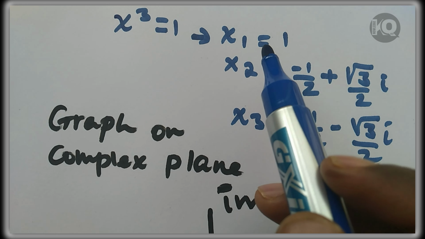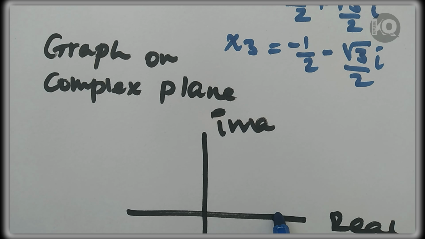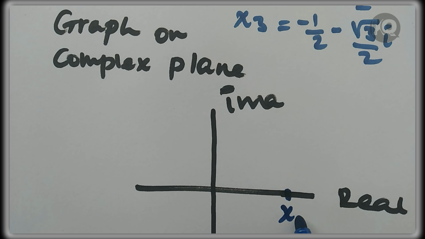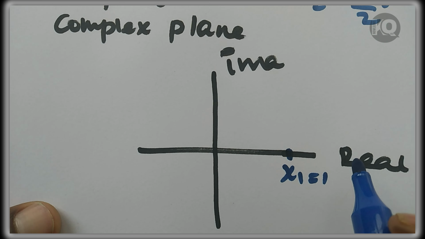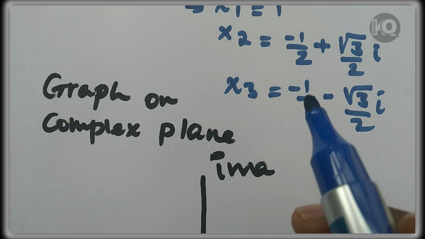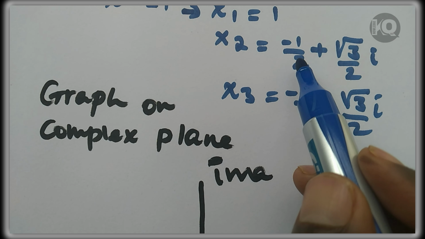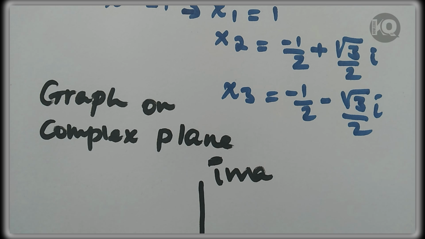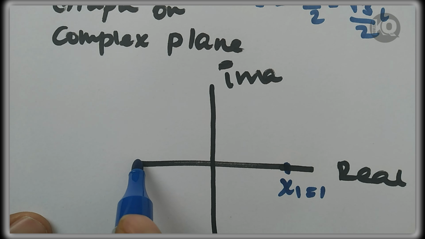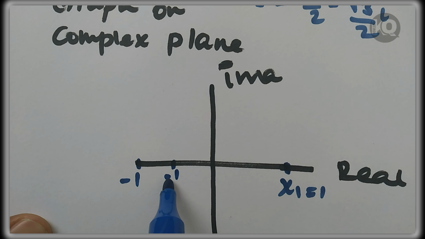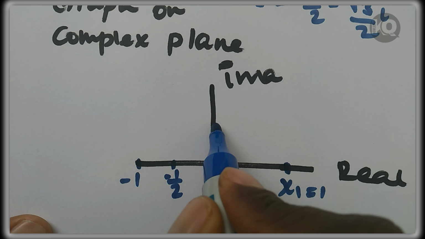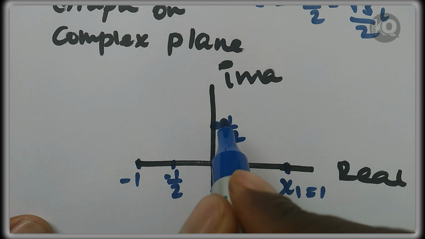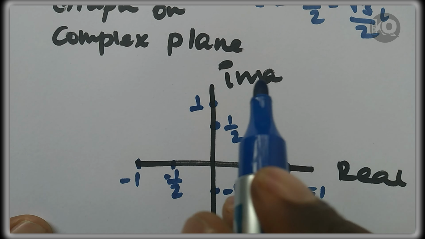That's the distance from the origin. So let's say x1 is equal to 1, and for x2 we have a real part of minus 1 over 2. So here it is minus 1, and here it is minus 1 over 2, and here we have 1 over 2, and here we have 1.